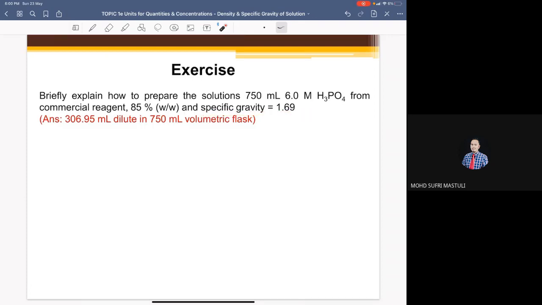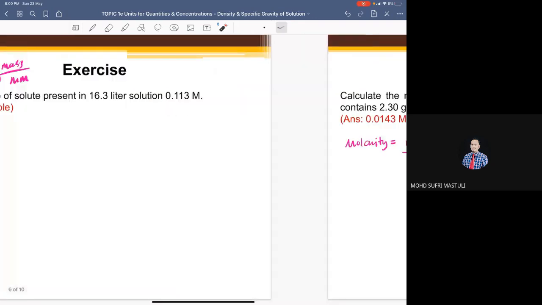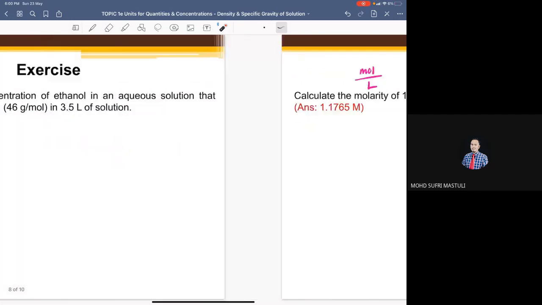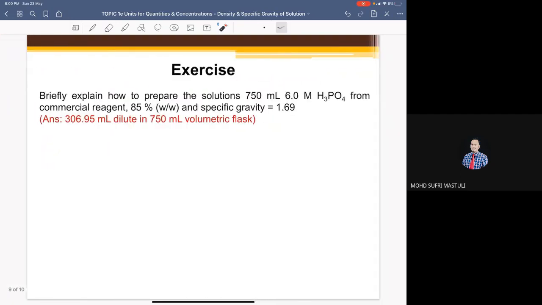I think we already did about the same question just now. You can refer to this slide in order to answer this exercise. You are already given the answer in here. You can compare your answer with the given answer.